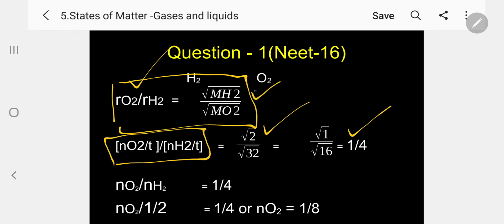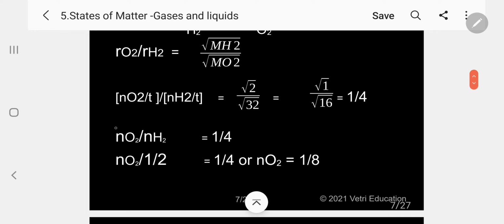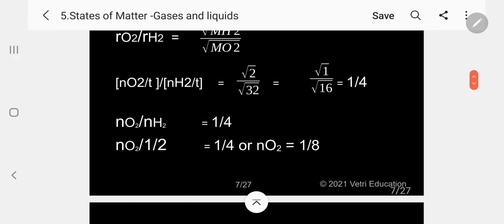So the number of moles of oxygen diffused divided by the number of moles of hydrogen is equal to 1 by 4. The ratio is 1 by 4. But they have asked, if half of the hydrogen is diffused, what is the number of moles of oxygen which gets diffused?